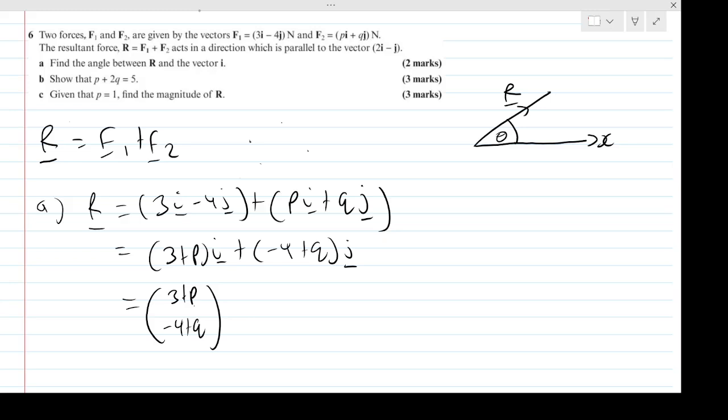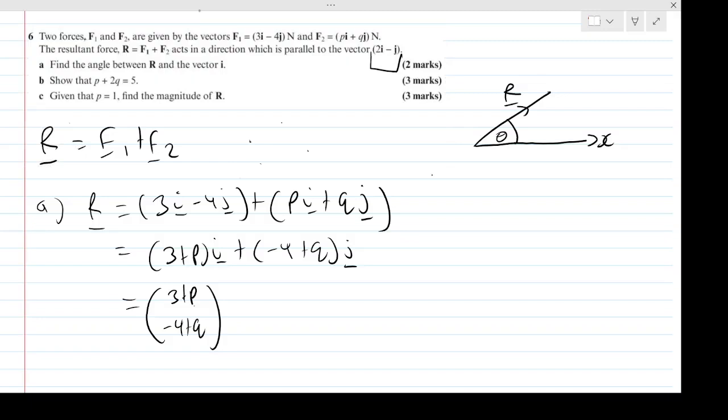The whole idea of two vectors being parallel is that their direction is the same, which means if we can find the direction of the vector 2i minus j, so the angle, because remember direction is basically the angle, if we find the angle between 2i minus j and the x-axis, then that's the same angle between r and the vector i. So that's what we're going to do.